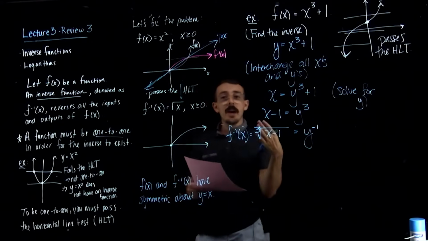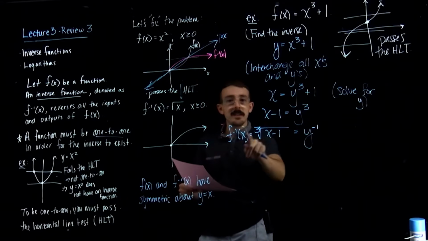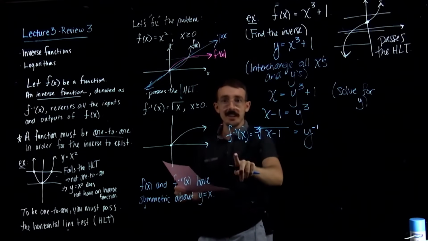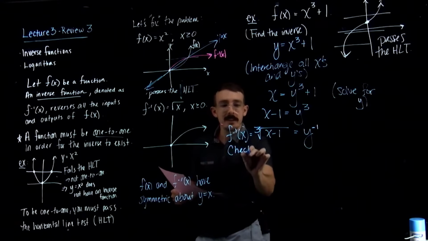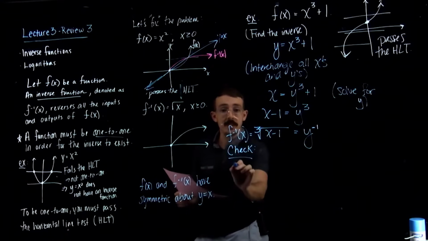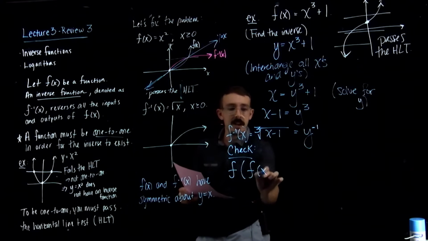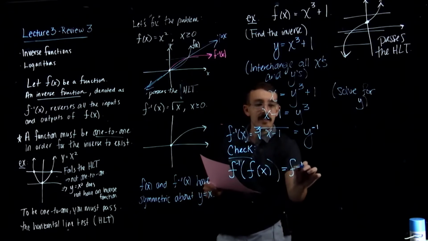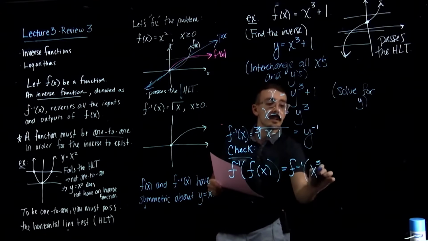To check your answer, you can place the inverse inside of its original and the original inside the inverse and check that you just get x. So here's what I mean by that. Let's check and make sure my answer is right. If you take f of x and plug it into f inverse, that's f inverse of, my f of x was x cubed plus 1.